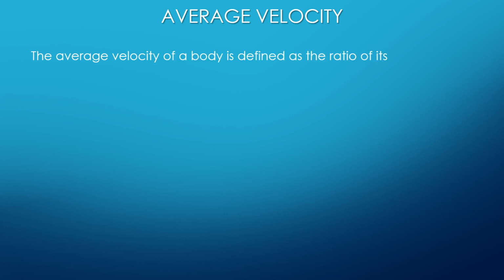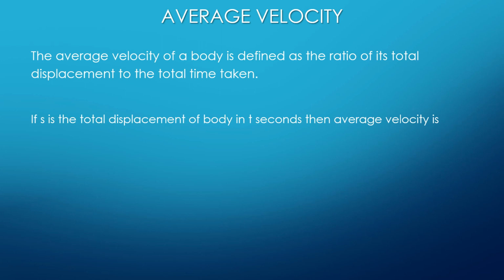Let's define average velocity. The average velocity of a body is defined as the ratio of its total displacement to the total time taken. If S is the total displacement of a body in t seconds, then the average velocity we can write mathematically, that is average velocity V_av is equal to S, that is total displacement, divided by T, that is total time taken.